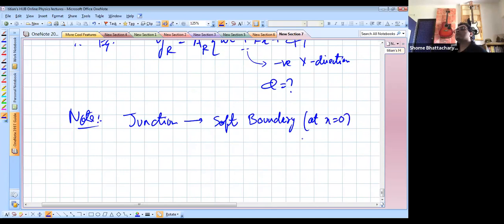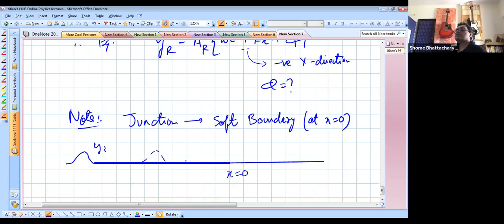At the point x equal to 0. So what is happening here is at the point x equal to 0, imagine you have a pulse coming as a result of the incident wave.